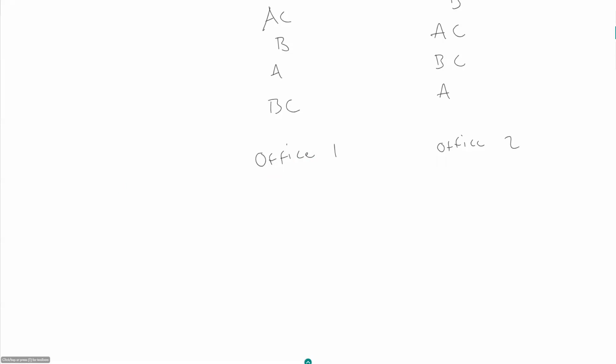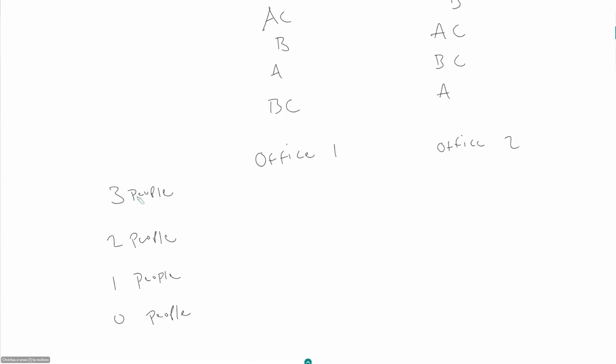So how many ways can we put 3 people in office 1? How many ways can we put 2 people in office 1? How many ways can we put 1 person in office 1? And then how many ways can we put 0 people in office 1?